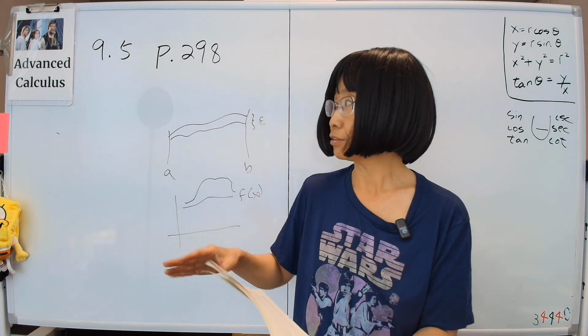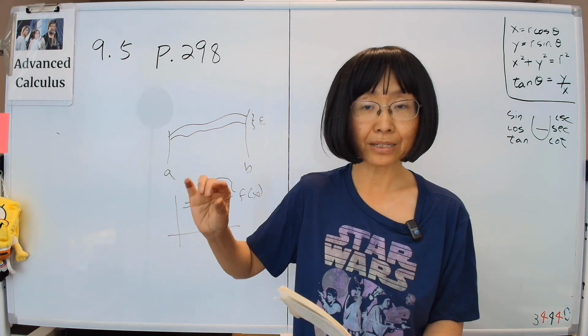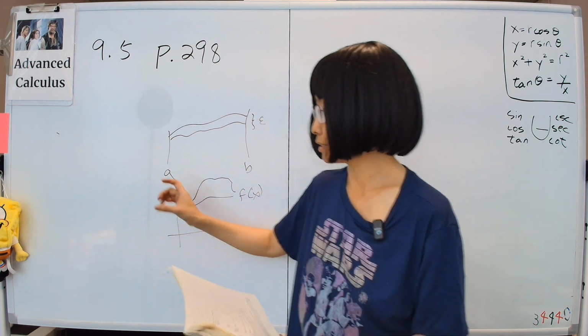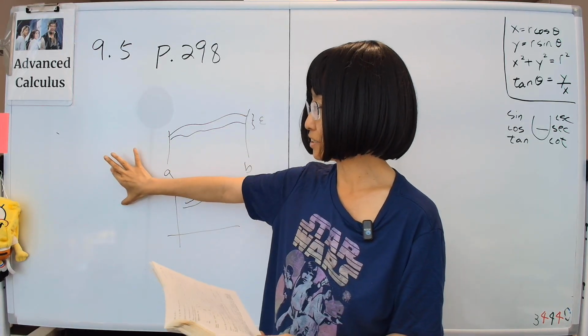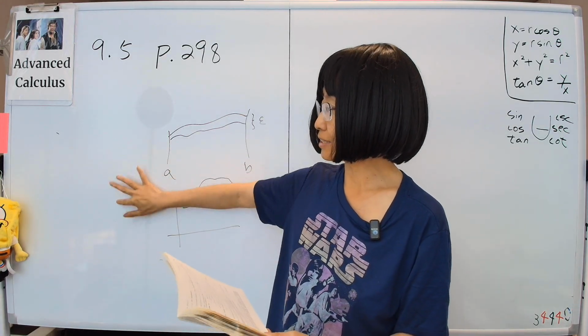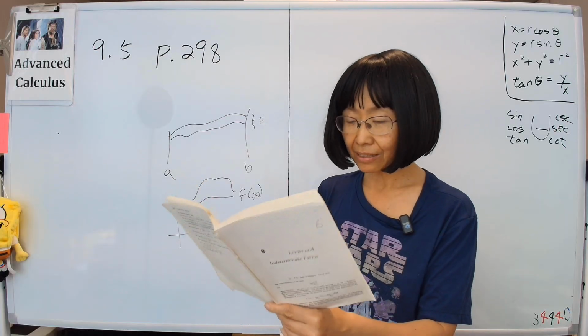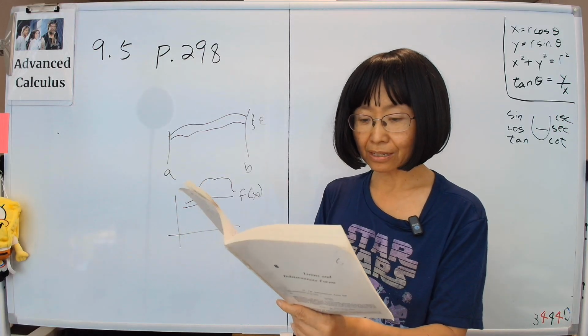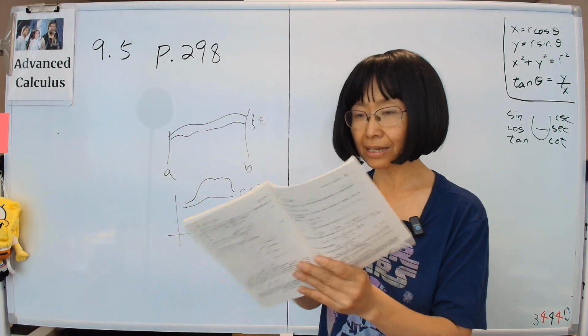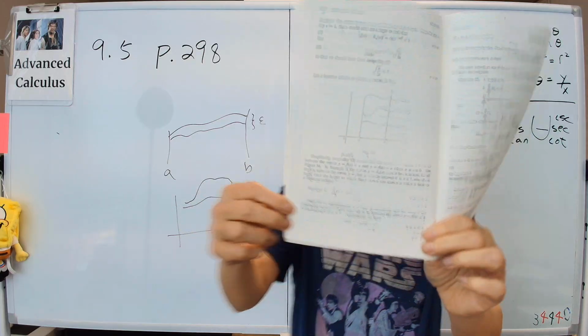If you have a discontinuity, then the Sn has to be close to both points, which is not going to happen.